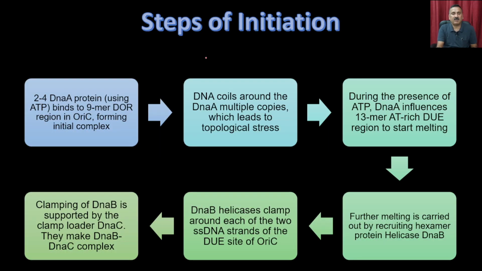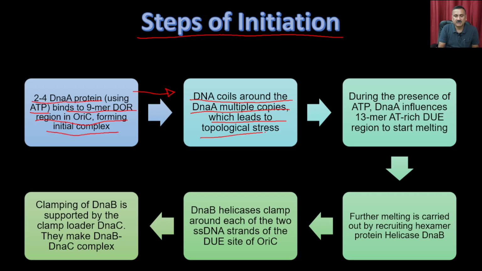So, these are some of the steps in the initiation. Initially, 2 to 4 DnaA proteins, using ATP, bind to the 9-mer DnaA box region in the oriC, forming the initiation complex. Once this is done, it enters the second stage, where the DNA coils around the multiple copies of DnaA, which leads to topological stress.